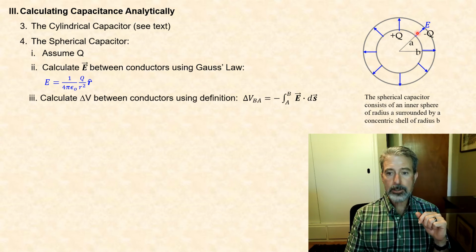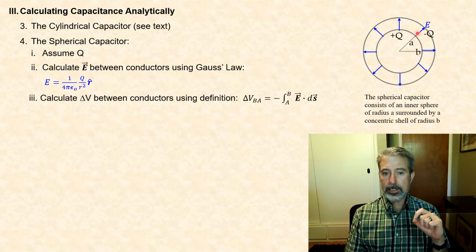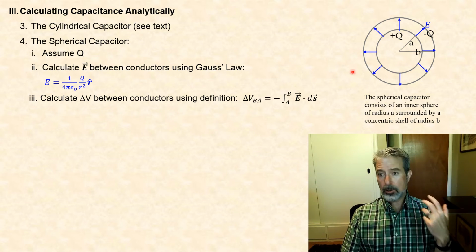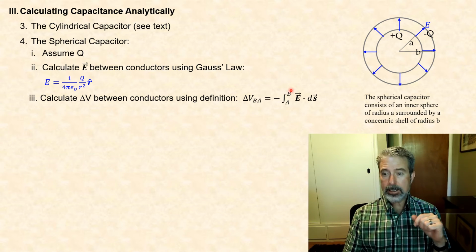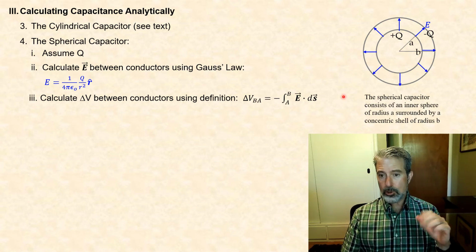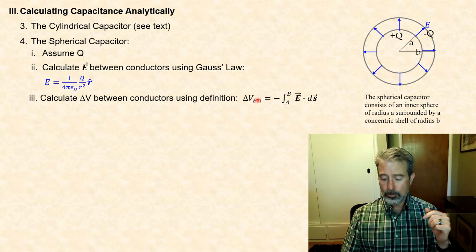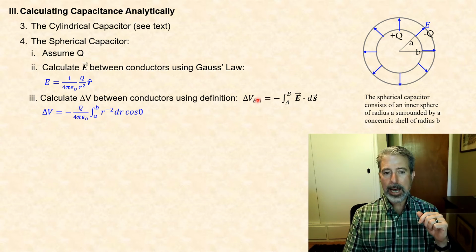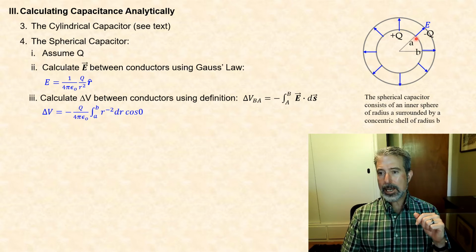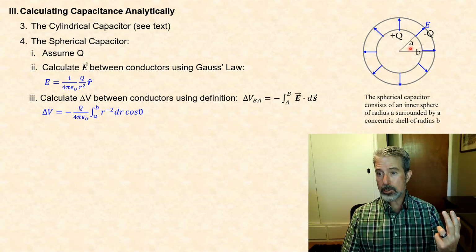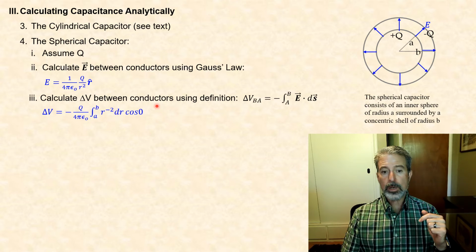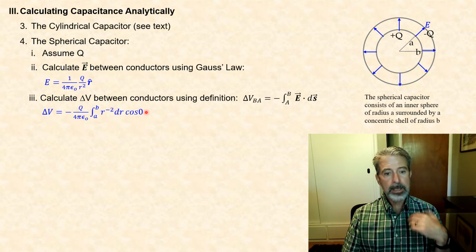So given that, we can now calculate the electric potential difference between these two charged spheres. And in so doing, we can choose our integration path. We will move from inner conductor to outer conductor, from radius r sub a to r sub b, and in doing so, you'll notice that our infinitesimal displacement vector ds is in the same direction as the field, in which case we get this cosine zero factor.